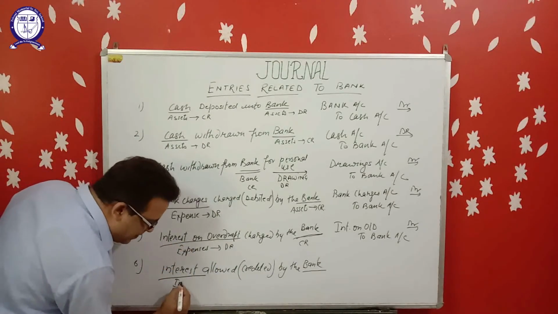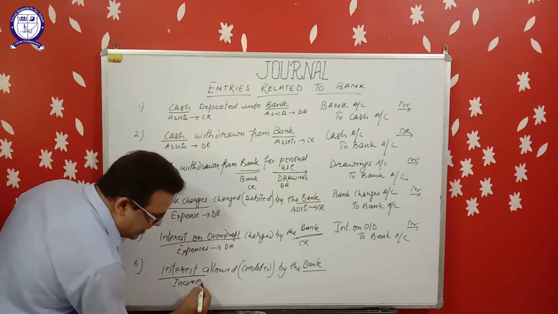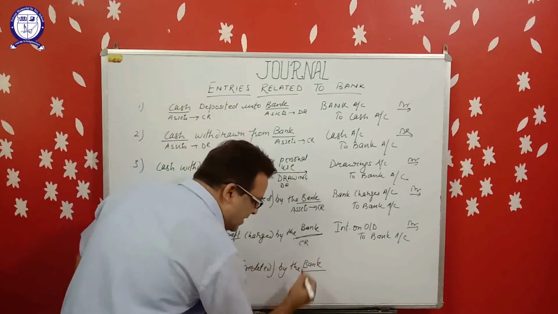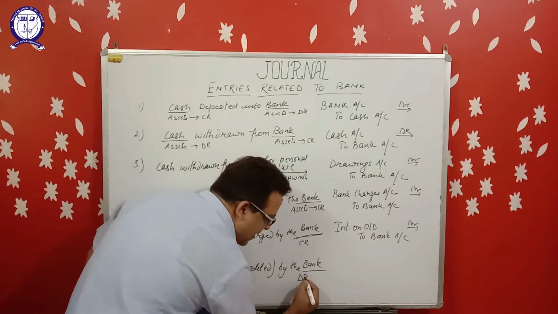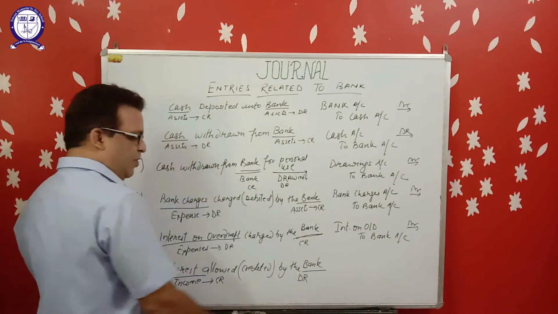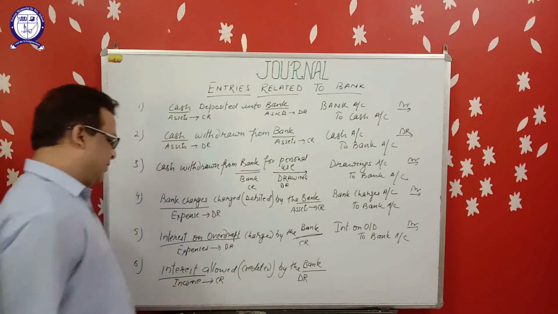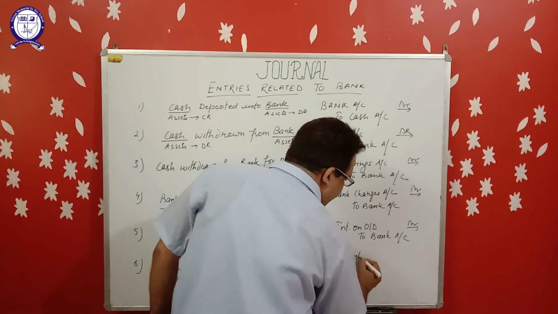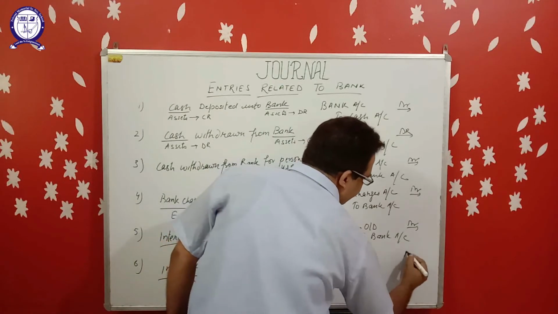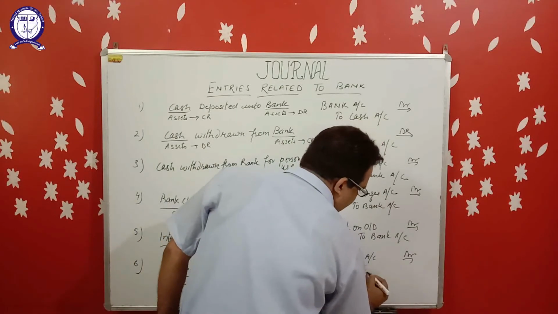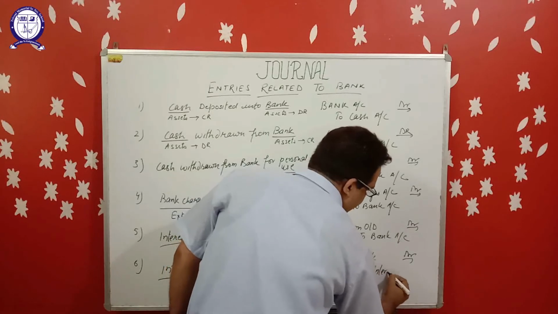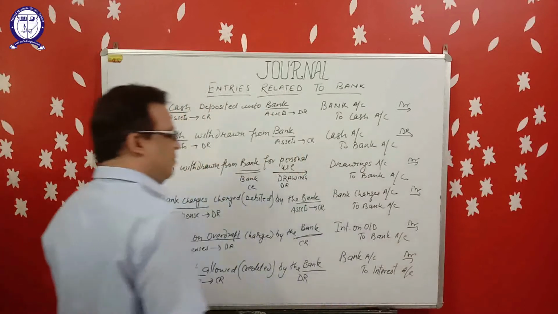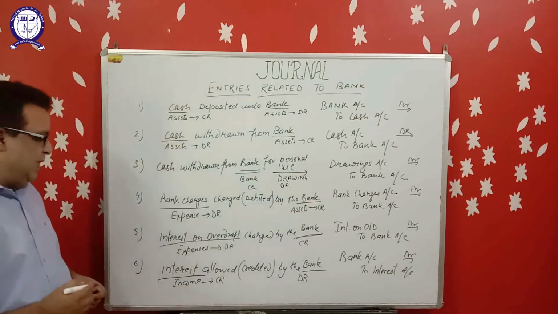Interest is an income now, and when income increases, we credit it. And bank balance is also increasing, and when an asset increases, we debit the assets. So the journal entry will be bank account debit to interest account. Bank account debit to interest account.